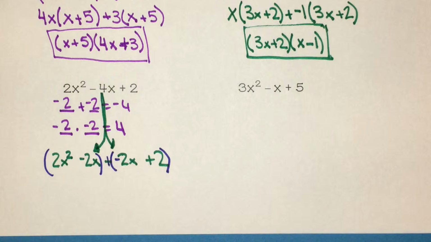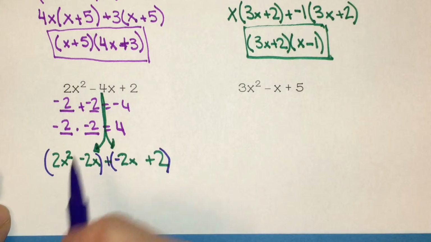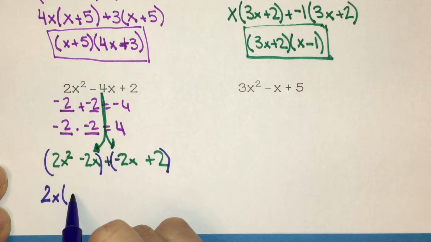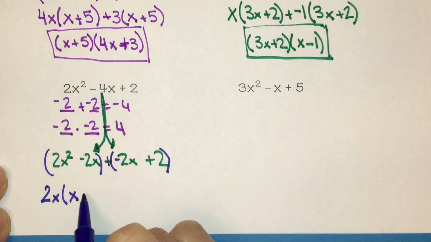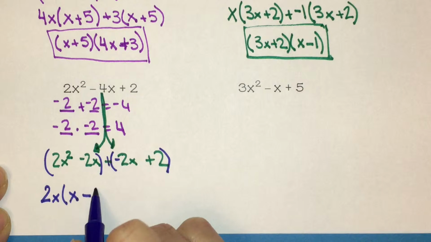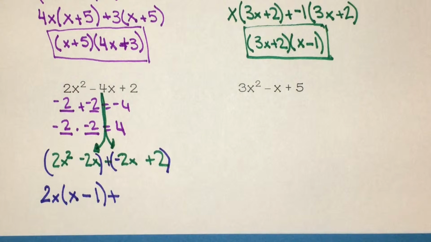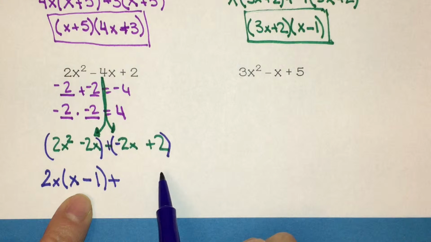All right, we're going to see what we can factor out. In this first parenthesis, I can factor out 2x. 2x squared divided by 2x leaves me with x, minus 2x divided by 2x is 1. Plus, all right, so here's the tricky part. I want it to be x minus 1 in the parenthesis, in both parentheses.